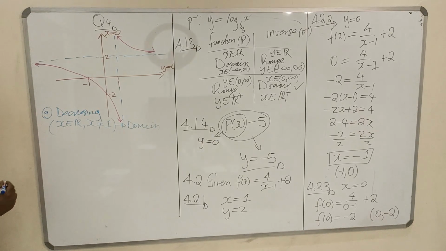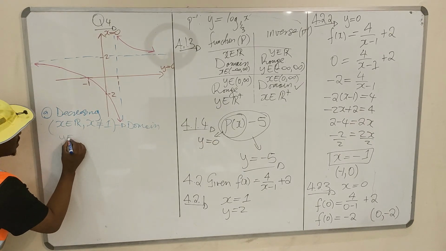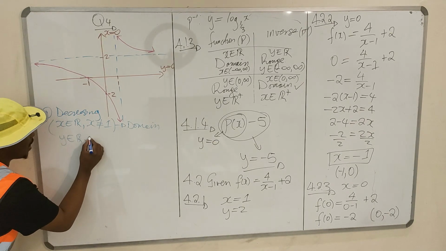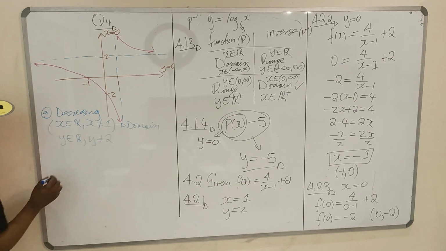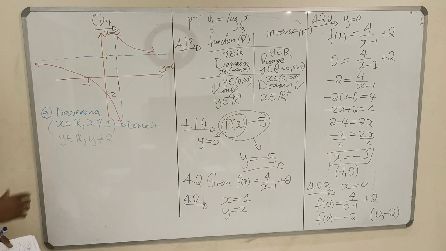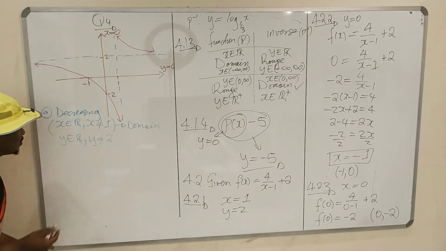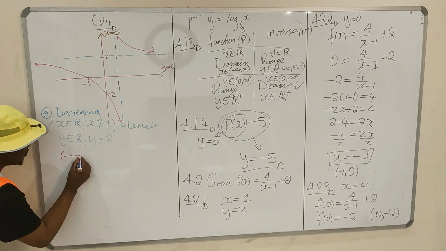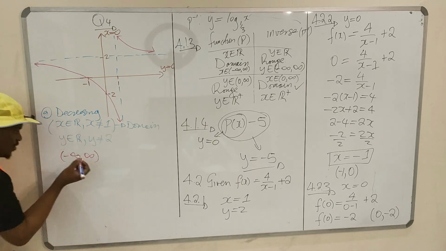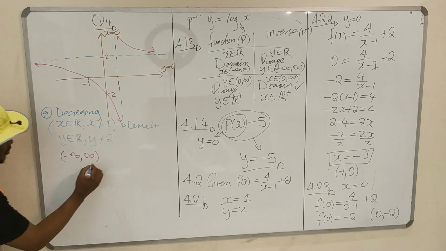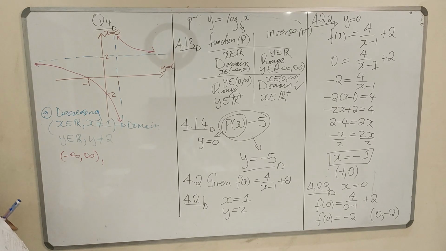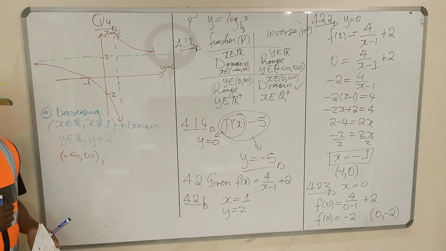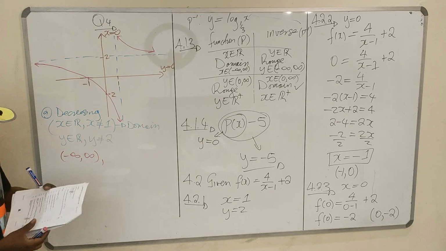What is your range? y is an element of real numbers, but y is not equal to 2. Another way you can write it, instead of writing R, you can say negative infinity to positive infinity, then say y must not be equal to 2, if you don't like writing these things here. Are you happy?